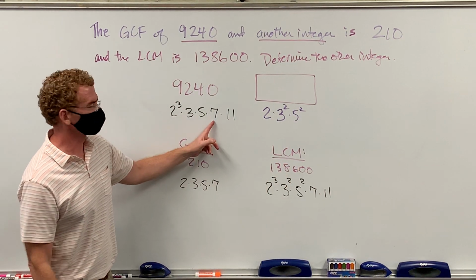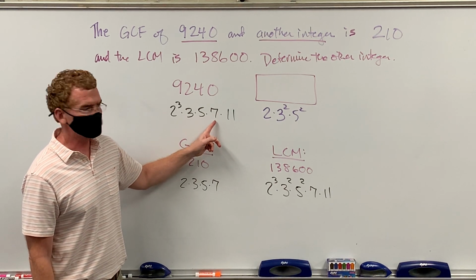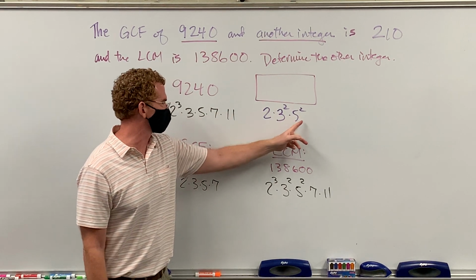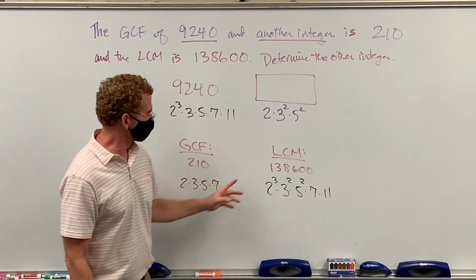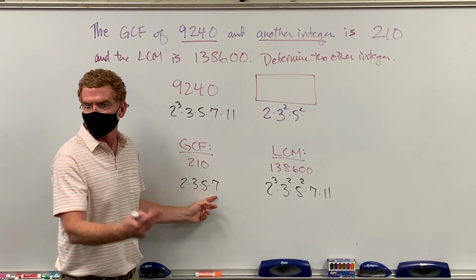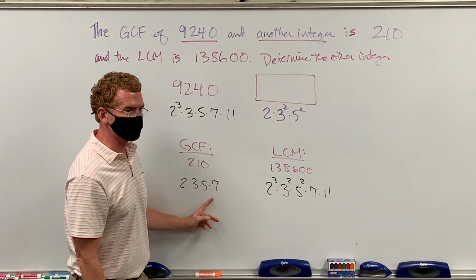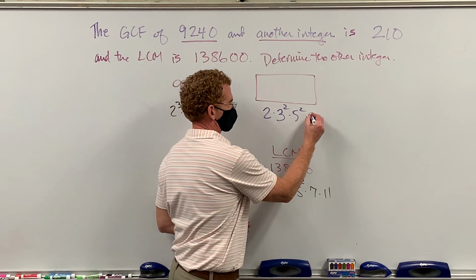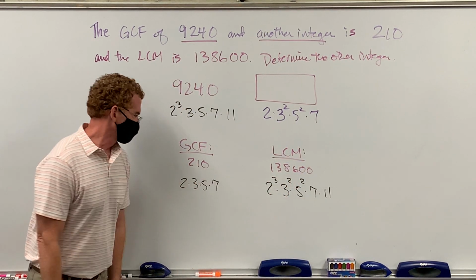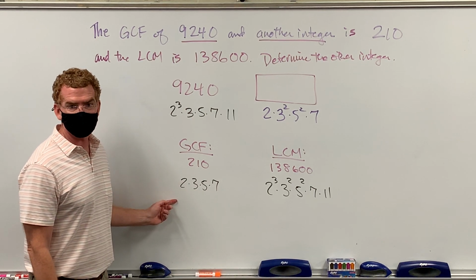Now this said they shared 1 7 in common. So I know that this one has at least 1 7, but like before, it could have been more, right? But what does this say? Only 1. So the least is 7 to the first, the most is 7 to the first. Well, they both must have had just 1 7. And then that says that's all they have in common, right?